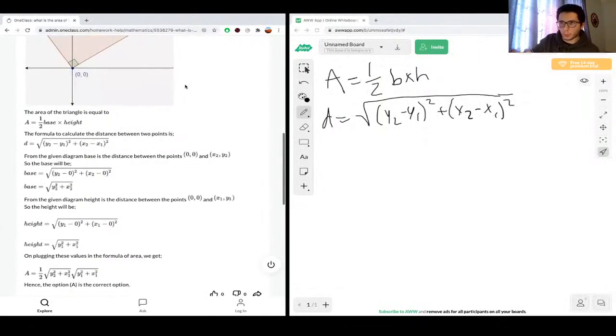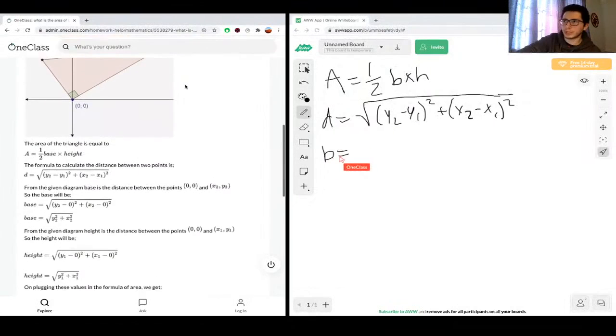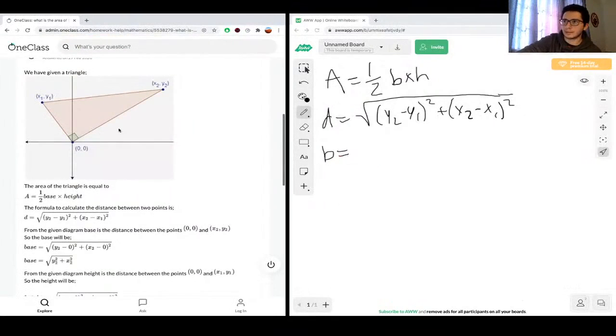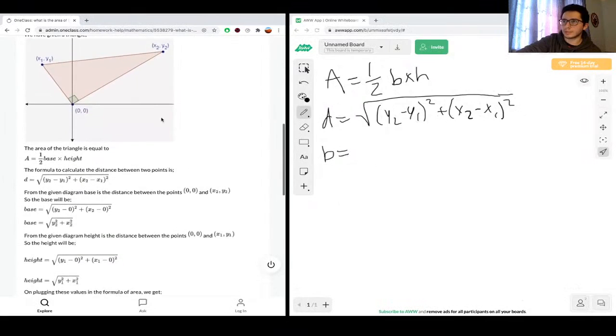So we can start off with the base of the triangle. So we know the base is equal to, so we're looking at this line right here. We're going to be using the formula for distance between 2 points to calculate the base. So we know y2 is a value, and then we have y1 is 0.